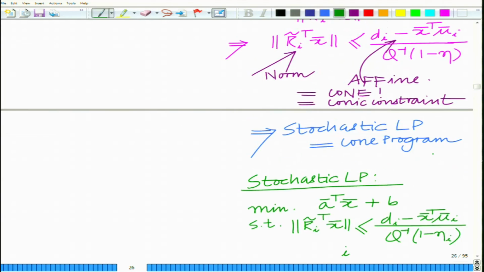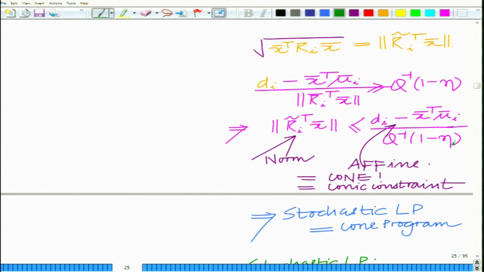I am just going to correct this over all places. It can be a common eta or it can be eta_i.